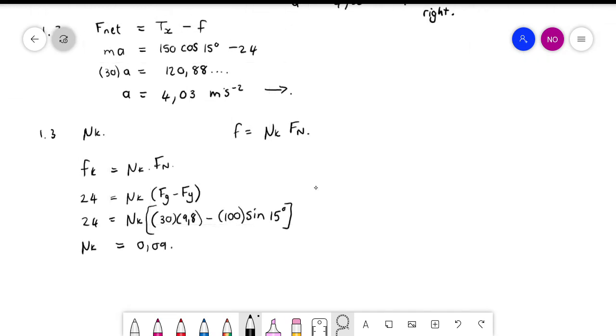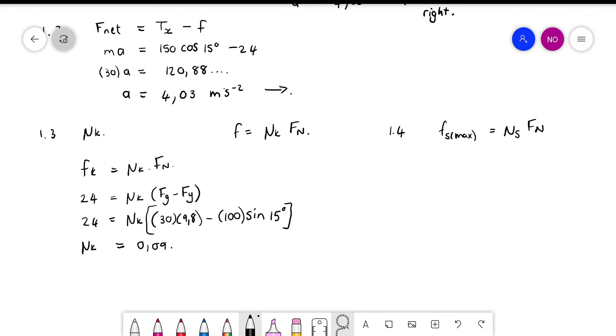Nou vir die volgende ene by 1.4, sê hulle nou vir jou, jy moet hierdie keer die koëffisiënt van statiese wrywing gaan uitwerk as die trekkrag na 20 Newton verminder en die krat op die punt is om op dieselfde grove oppervlakte te begin beweeg.